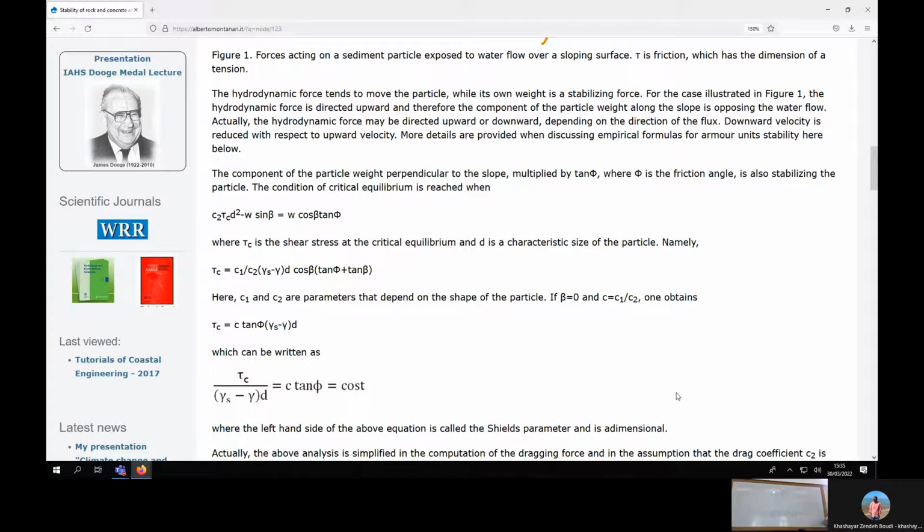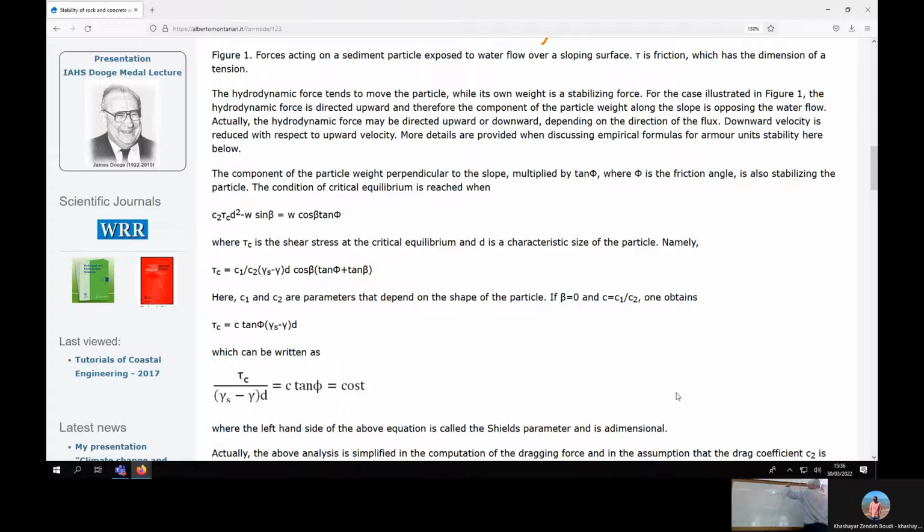I didn't mention that C2 is called the drag coefficient, but it depends on the shape. Okay, so basically I can write that theta is equal to tau, sorry, not theta.